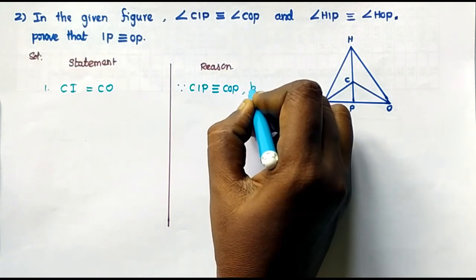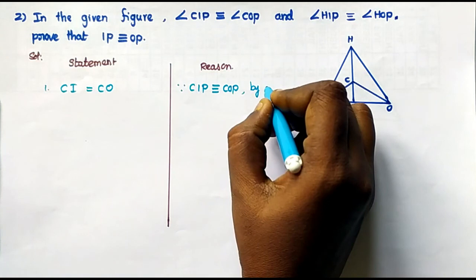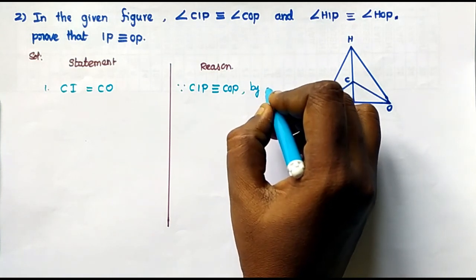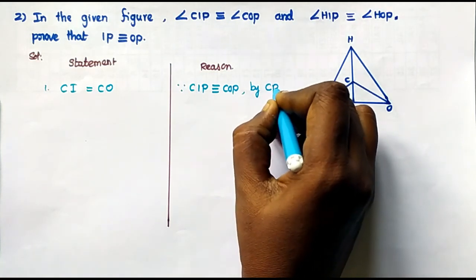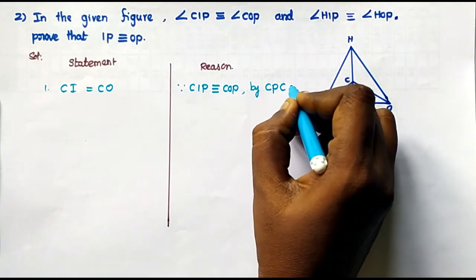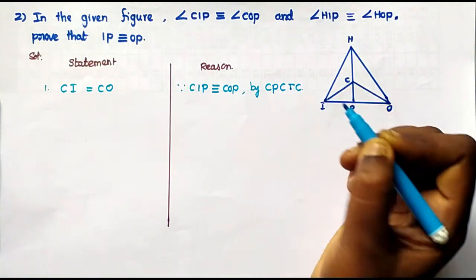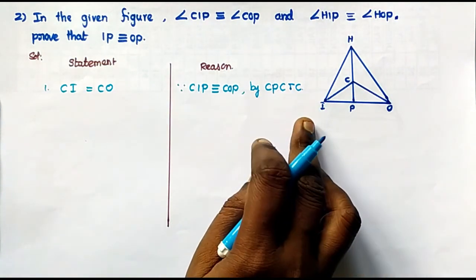That is by CPCTC, that is corresponding parts of congruent triangles are congruent.